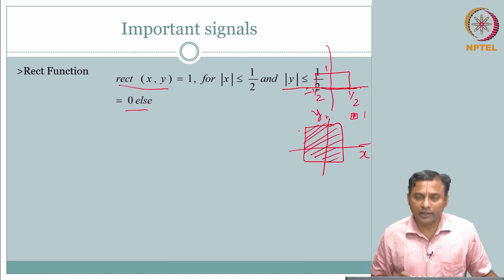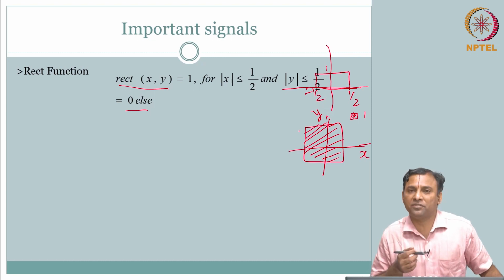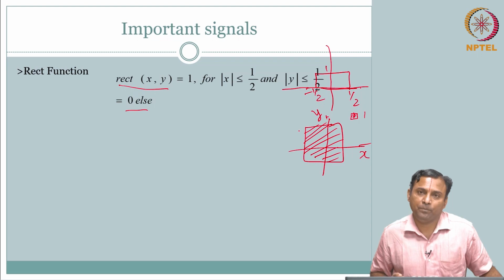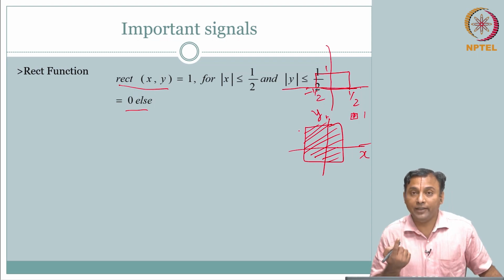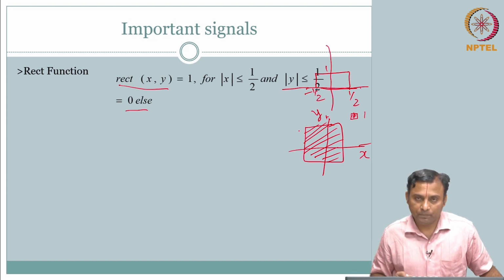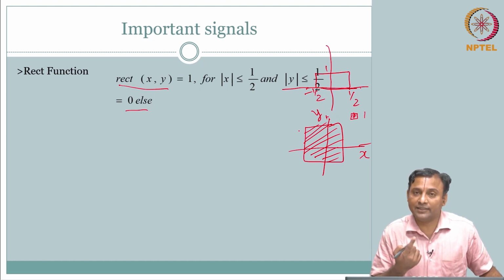Again, imagine what it can be used for. I think that is the important part. Just the definition of this is fine, but can you see the powerfulness of this function? Well, we did the point, right? We said delta function, point impulse, and what was it used for? Or at least we said that it is very powerful to do what? In fact, we extended it and said sampling, right? So it is very useful to pick values.